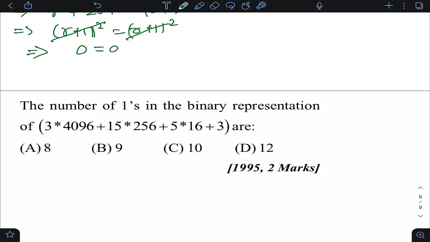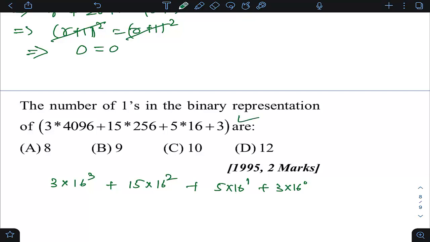So what you can do, student, is this polynomial, which is 3 into 4096. You can write it as 3 into 16 power 3 plus 15 into 16 power 2 plus 5 into 16 power 1 plus 3 into 16 power 0. Yes or no?